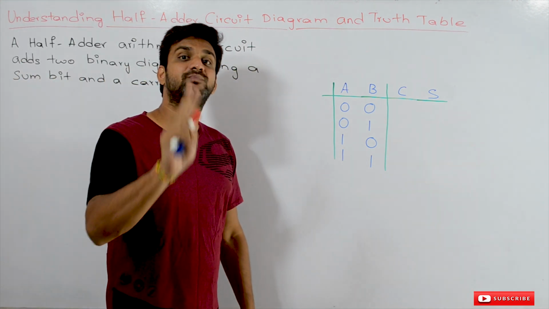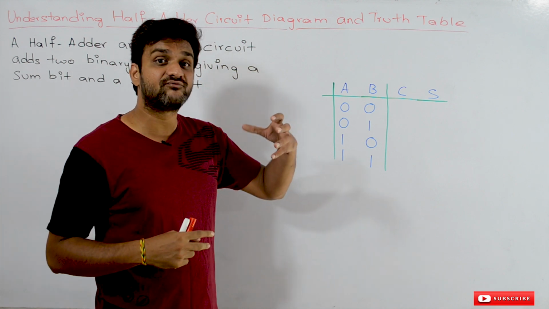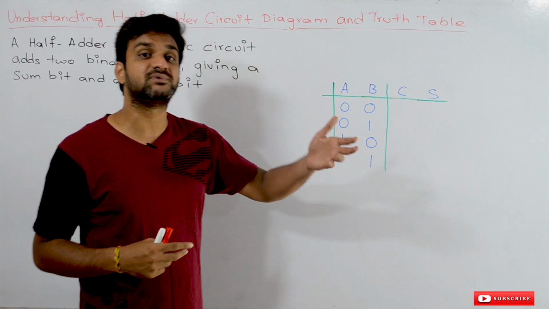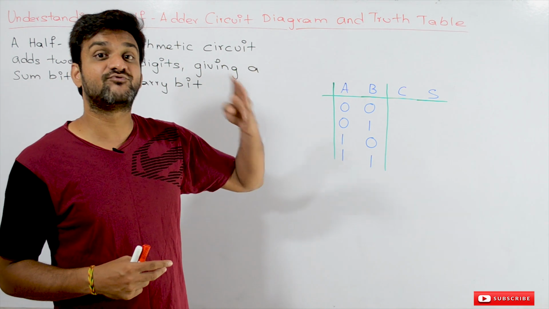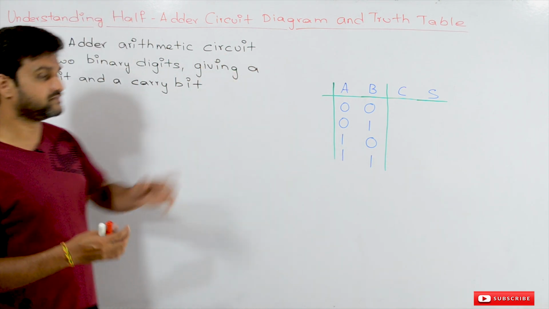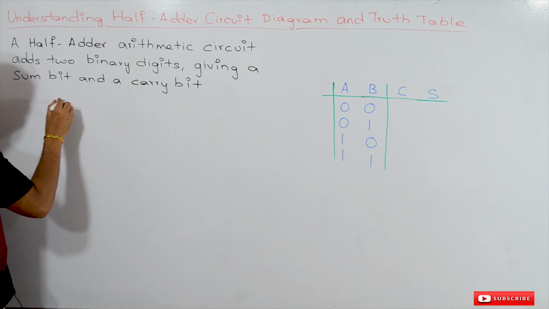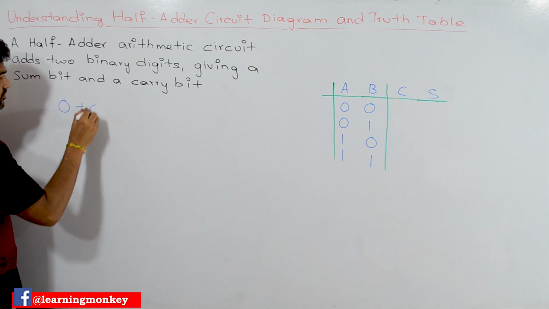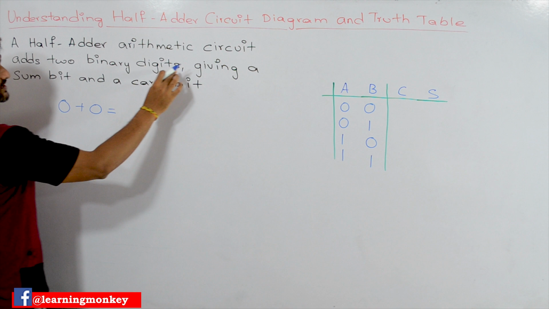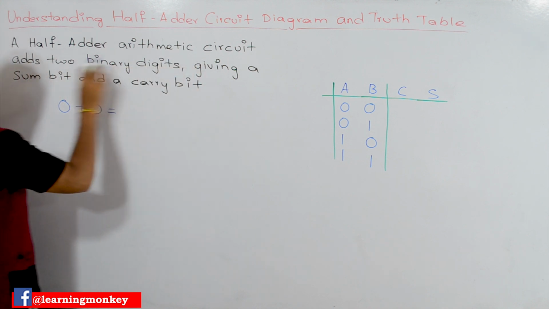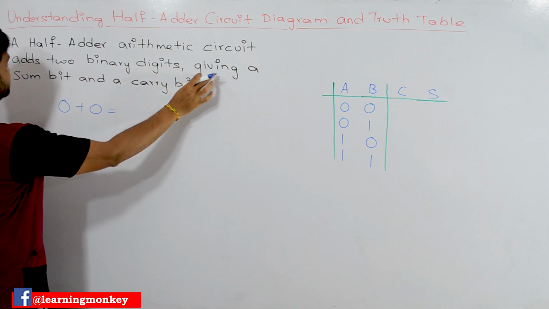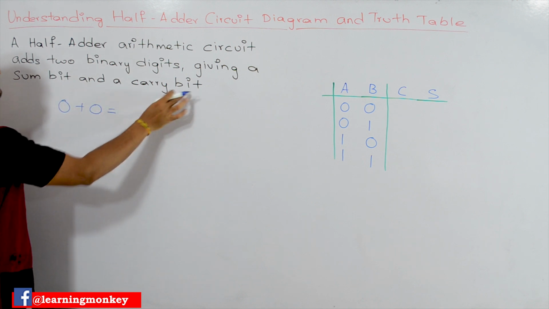With two variables, the number of input combinations possible is 4. What is this circuit capable of? It is capable of producing the sum of 0 plus 0, and so on, adding two binary digits giving a sum bit and a carry bit.